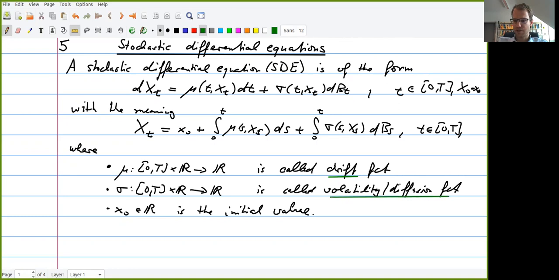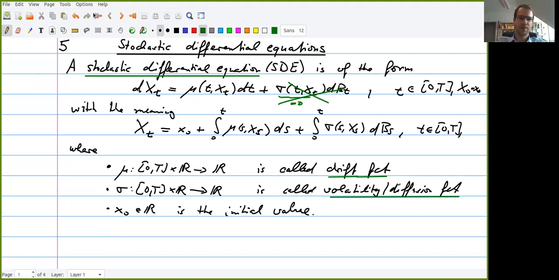This is a drift function, a volatility function, and this is a stochastic differential equation. But if you set sigma to 0, this term just disappears, and we have the classical ordinary differential equation.